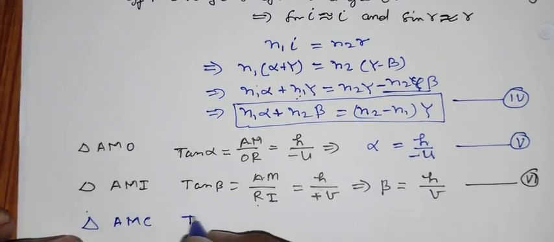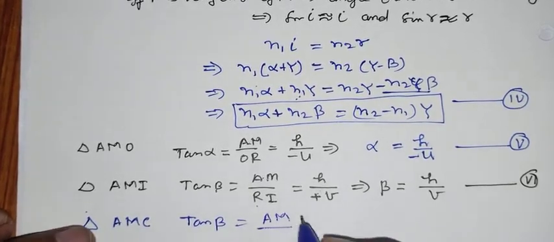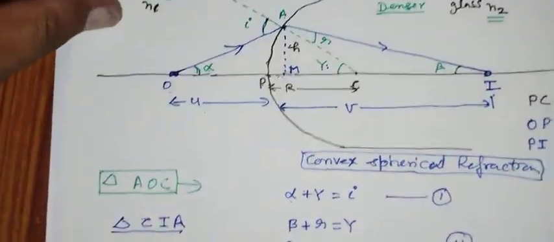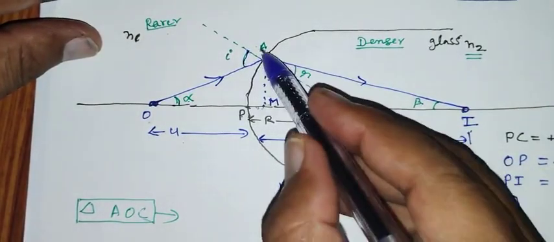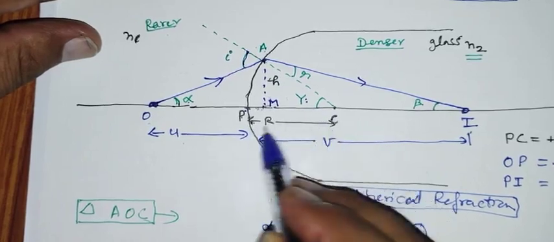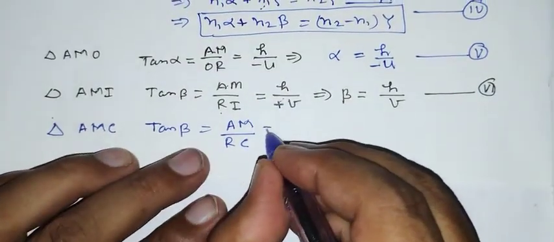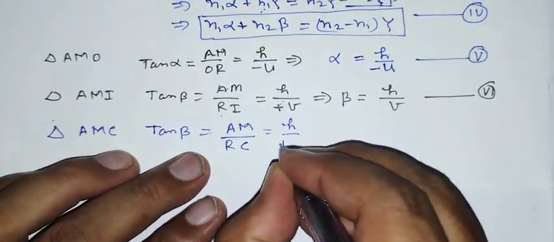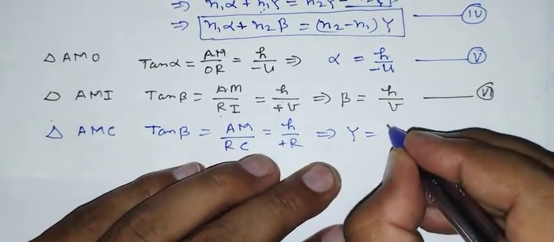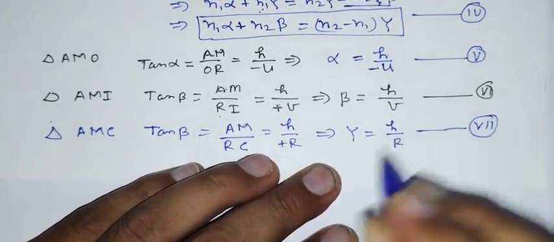Similarly, tan gamma is equal to AM by MC. MC we take as PC, which is equal to the radius of curvature, so it is h by plus R. This implies that gamma is equal to h by R. This is equation number 7.